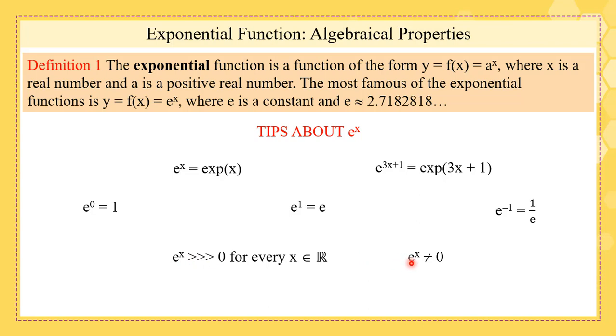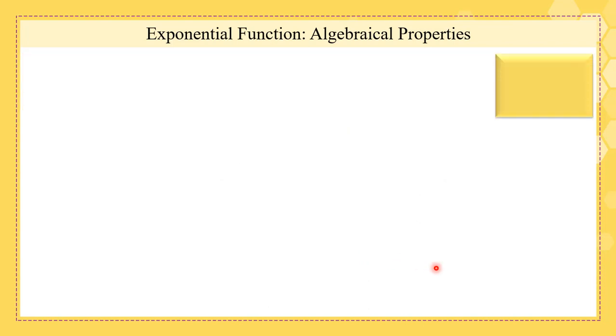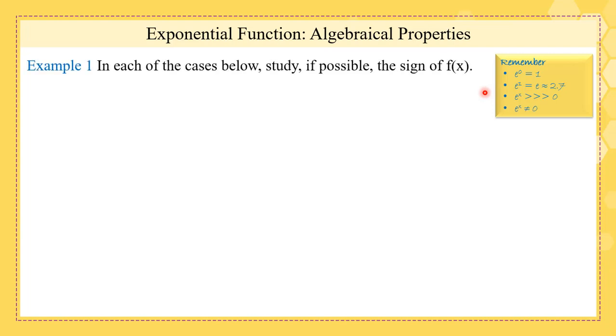So e to the power x can never be equal to 0. So far, we must know that e to the power 0 is 1, e to the power 1 is e, which is about 2.7, e to the power x is strictly positive, and e to the power x can never be 0.